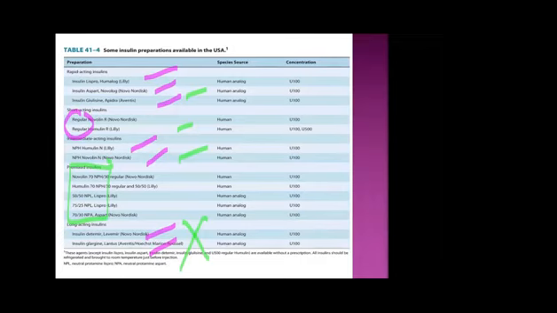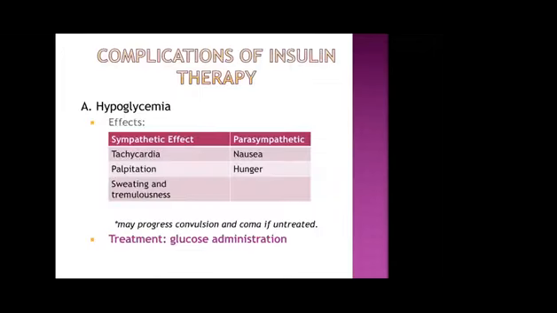Na-discuss na natin so far ang effects ng insulin, kung bakit siya nakakapagpababa ng blood glucose level, and ano yung mga classifications. Usually for type 1 DM ang insulin. So let's proceed on the possible complications during insulin therapy, yung mga adverse effects. Of course, you knew that insulin can cause hypoglycemia.